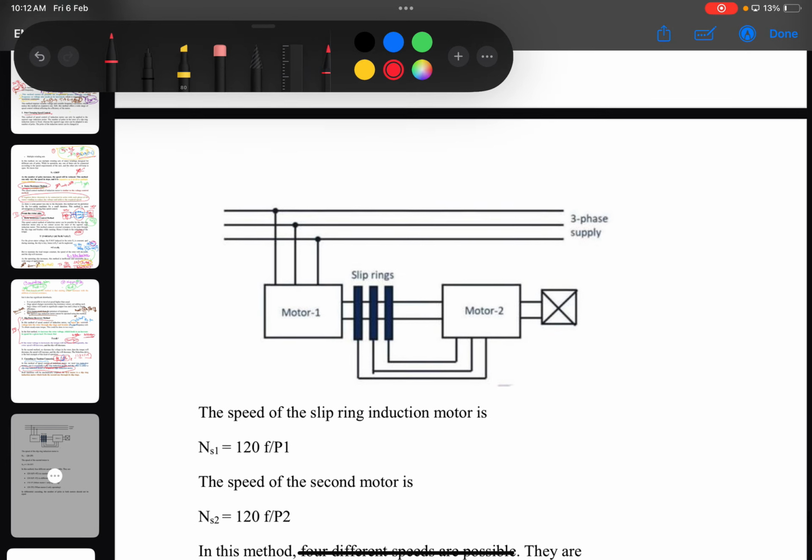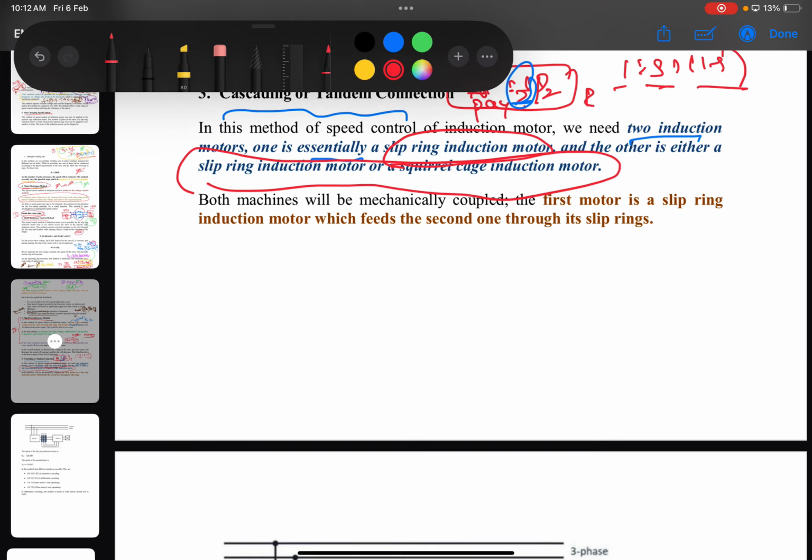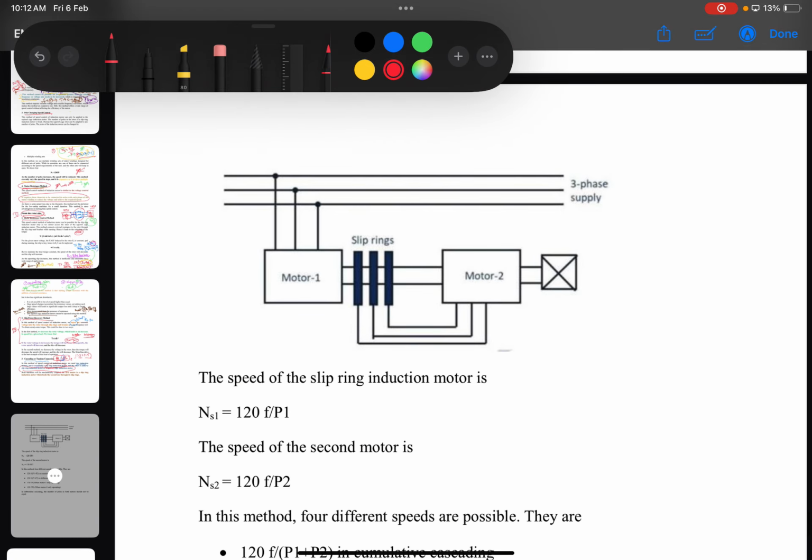This is the corresponding diagram; simply note it down. Here motor 1 will be a slip ring induction motor (SRIM) and motor 2 will be a squirrel cage or slip ring induction motor.